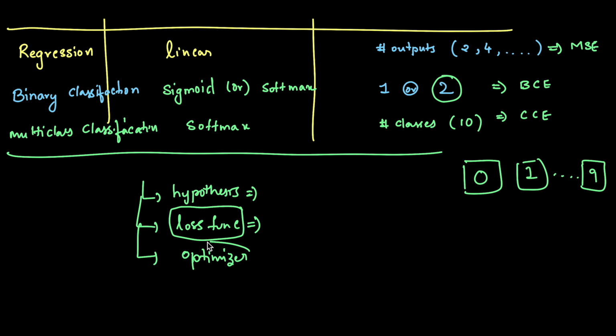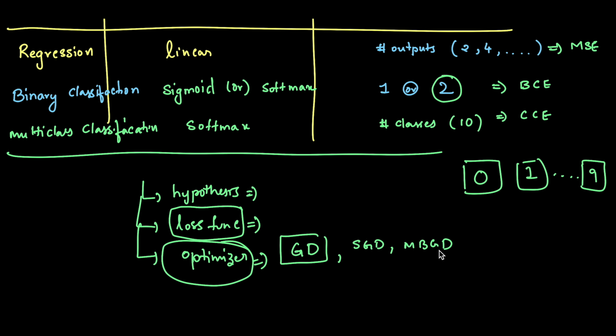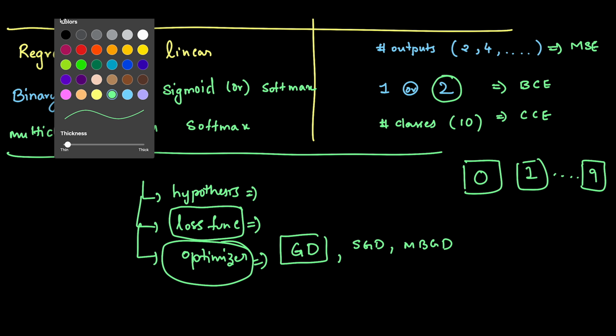And then finally, we'll have the optimizer. In the case of the optimizer, the simple optimizer that we can use is GD. But we discussed what the problems are with this particular GD. So we can go for some modifications of GD like SGD or MBGD. But in these also, this problem of GD prevails.